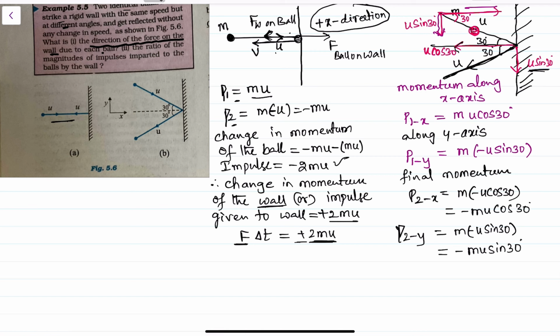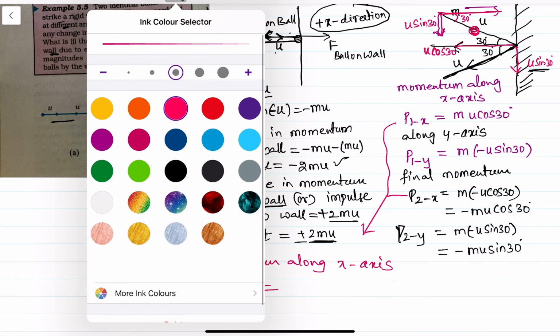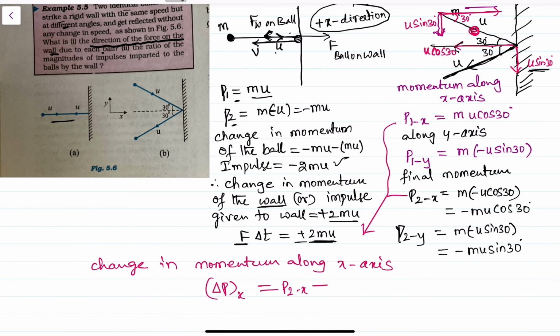Now I am writing the change in momentum along the x-axis in the second case. Delta p along the x-axis is equal to P2x minus P1x. What is P2x? Minus mu cos 30, minus P1x.